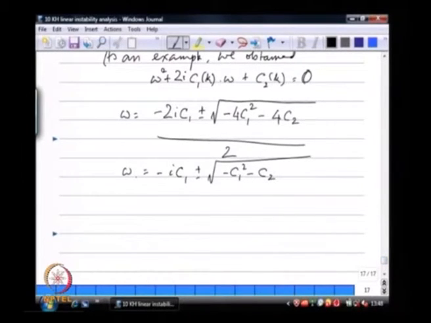So, first of all, remember the C1 and C2 are functions of k, and this omega has two parts, an imaginary and a real part. For the real part to be non-zero, what is under the radical should be positive. So, the real part is non-zero only when minus C1 squared minus C2 is a positive number. In fact, let us not be confused here.